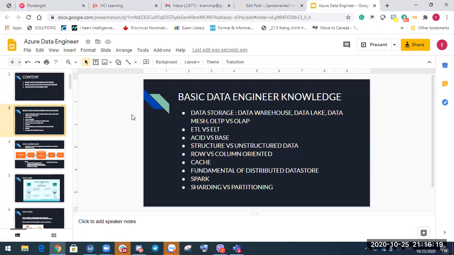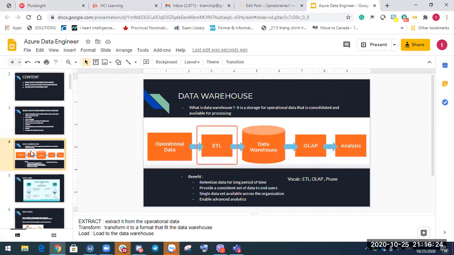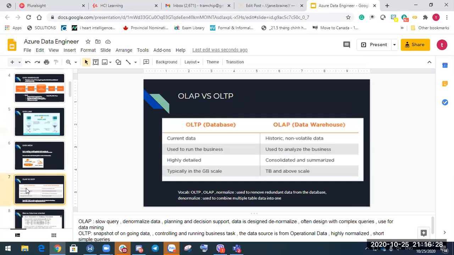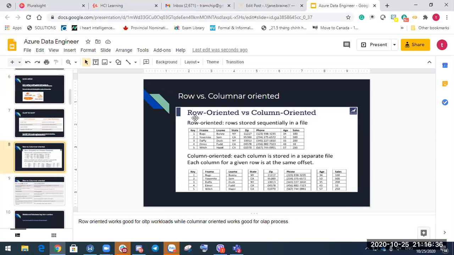Before we go further, let's just recap what we talked about. We talked about data warehouse, data lake, and also OLAP and OLTP. I want to highlight that understanding OLAP, OLTP, and row and column is very, very important.